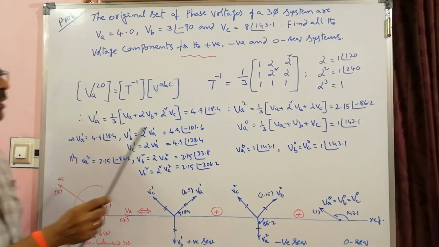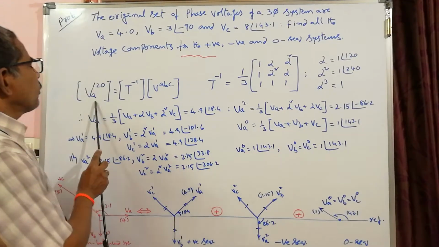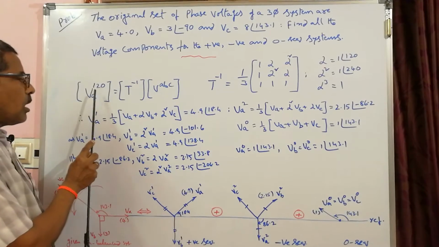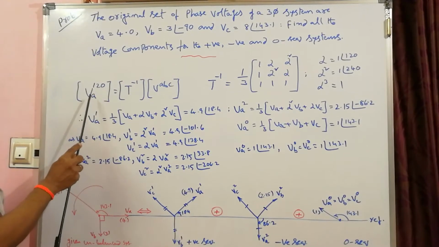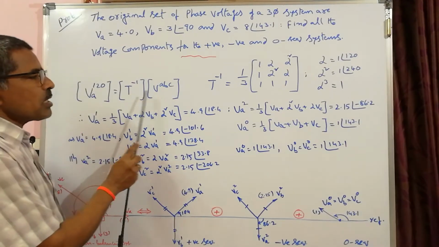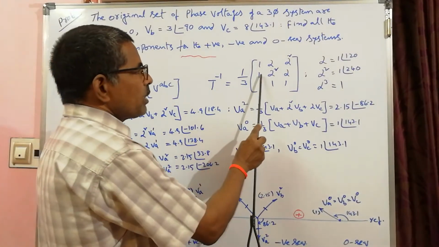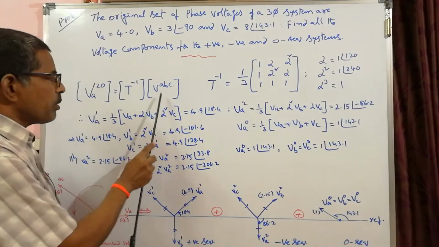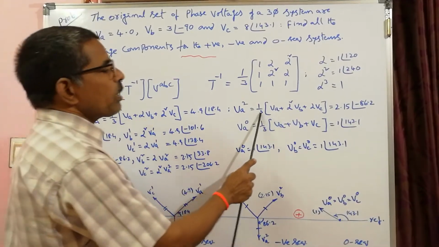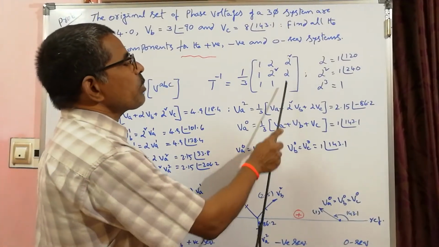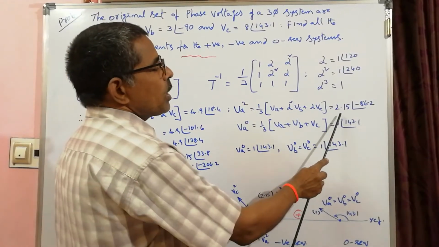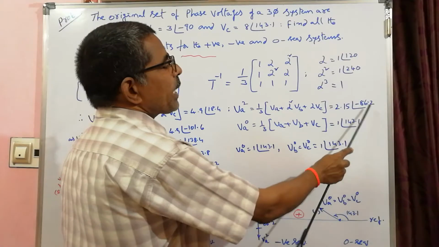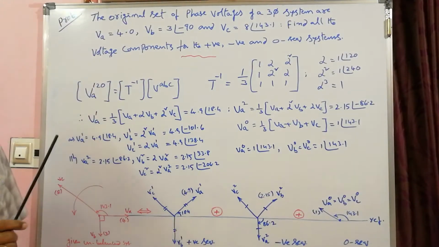Okay. Then VA2, that is the second element of VA120. VA2 is 1/3 of this multiplied by VA, VB, VC. So, I will be getting 1/3 of VA plus alpha square VB plus alpha VC. Again upon substitution you are going to get 2.15 angle minus 86.2.